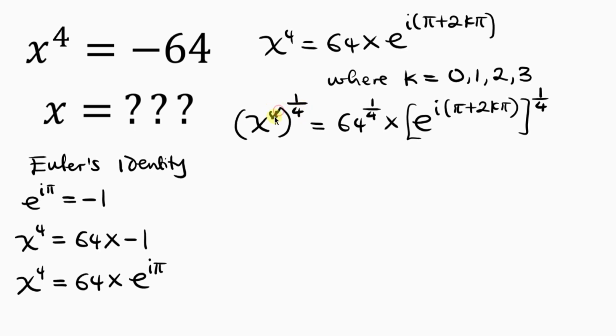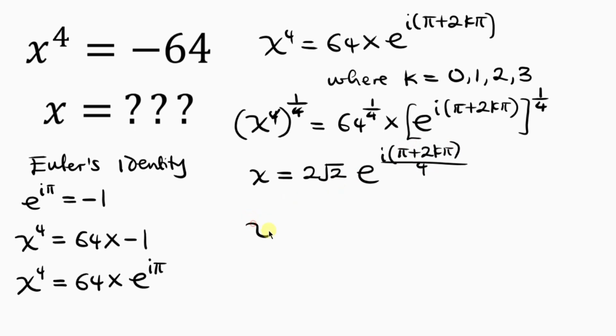So the 4 cancels out the 4 here, leaving behind x equal to, now the fourth root of 64 is 2 root 2. And now applying indices to this expression, where the power inside multiplies the power outside, we're going to have e to the i times pi plus 2k pi all over 4. Our next step will be for us to separate the fraction.